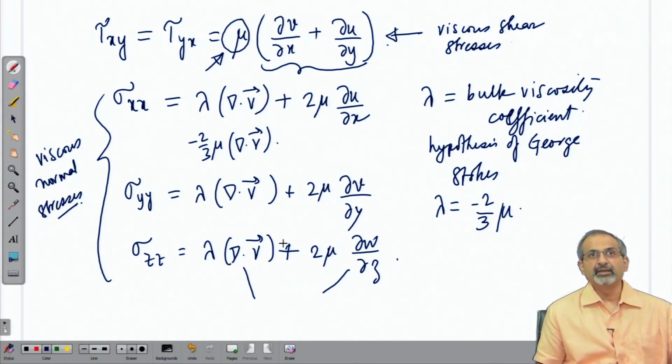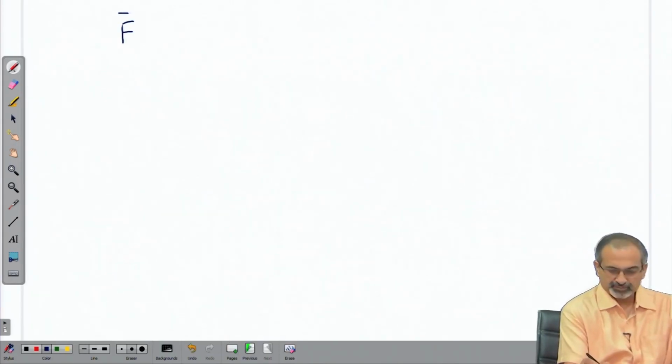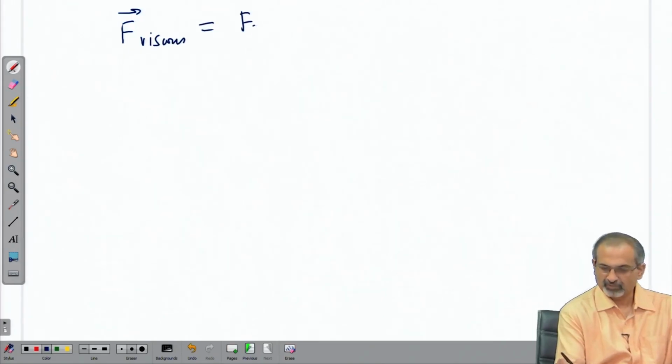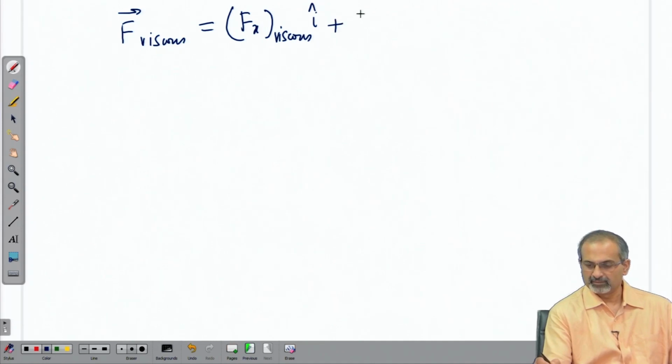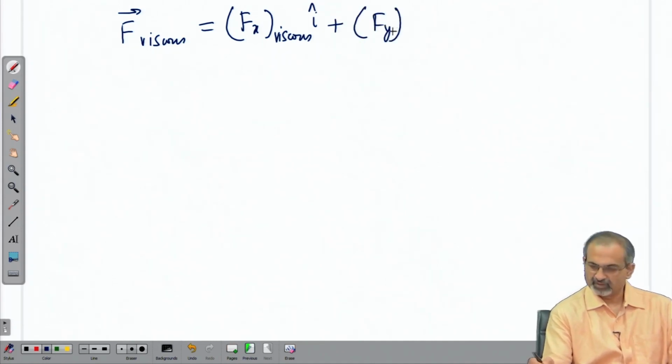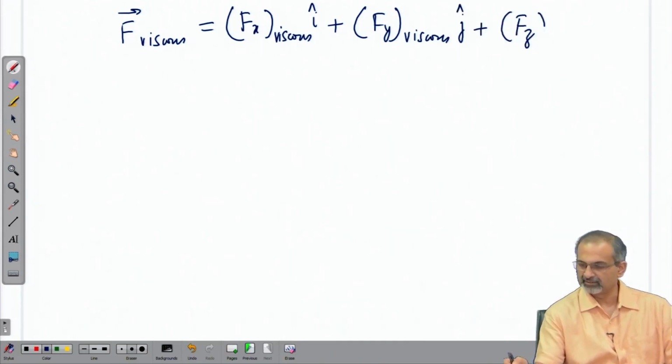So, keeping these in mind, we can define the viscous force coming out as an outcome of these stresses in this form, without bothering too much about the actual representation of these components, which we will see in a later part of the course.